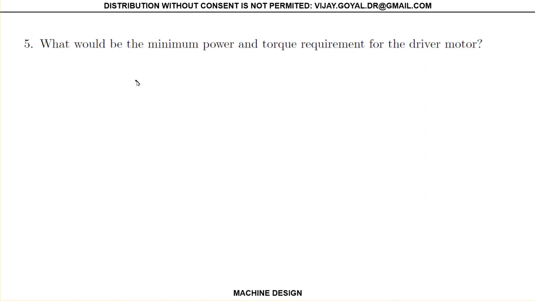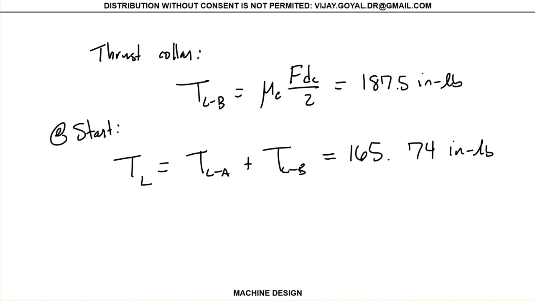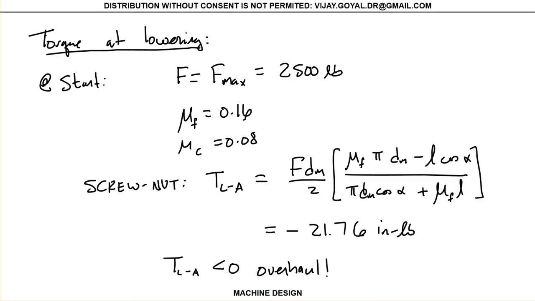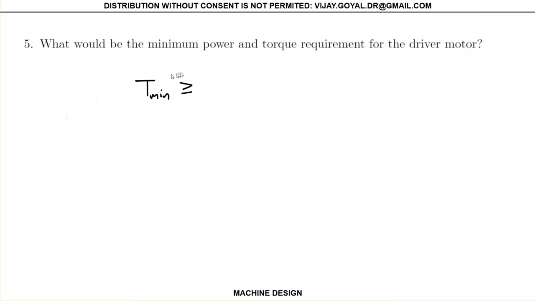For that, I know that your minimum T has to be the biggest value that you have among all these values. And the biggest value I'm going to have is when I'm rising, the 778. So this has to be bigger than this value for the driver to be effective.